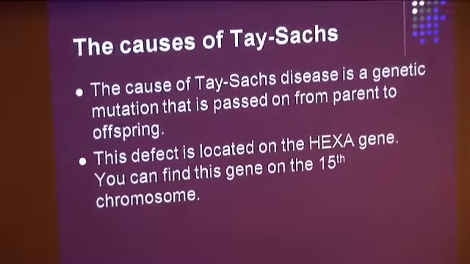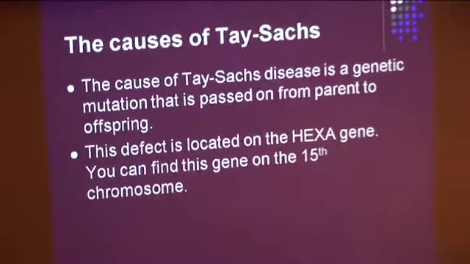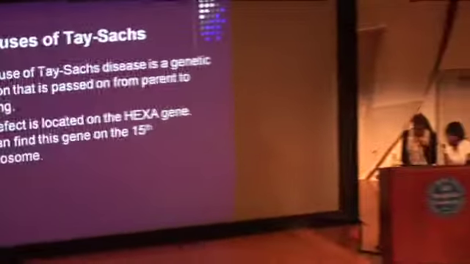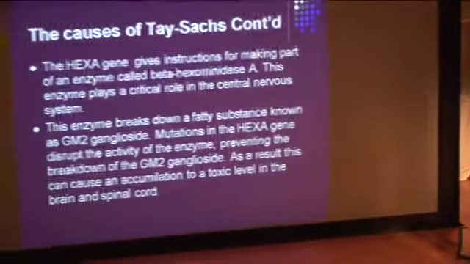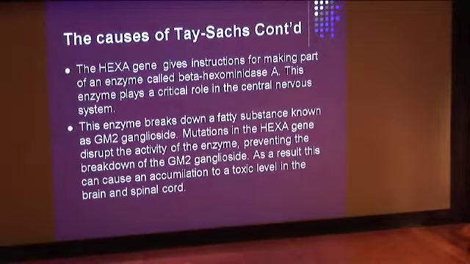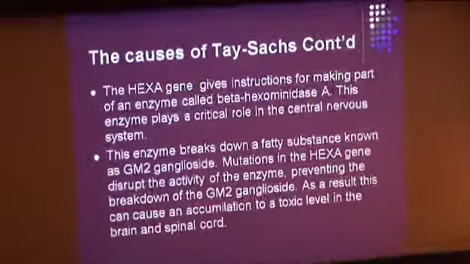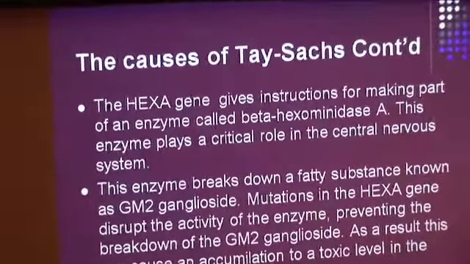The cause of Tay-Sachs. Tay-Sachs is a genetic mutation that is passed down from parents to offspring. The defect for Tay-Sachs is located on the HEXA gene, which is located on the 15th chromosome. The HEXA gene gives instructions to make a part of an enzyme called beta-hexosaminidase A, and this enzyme plays a critical role in the central nervous system.